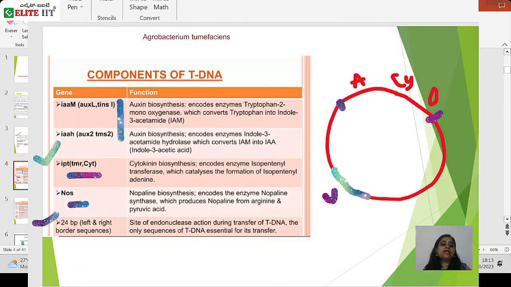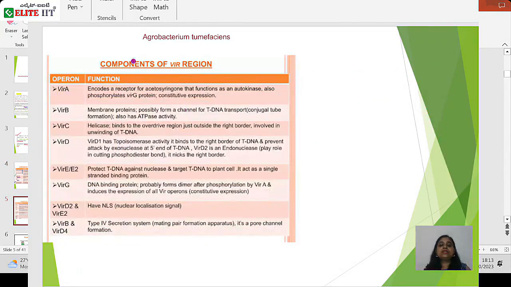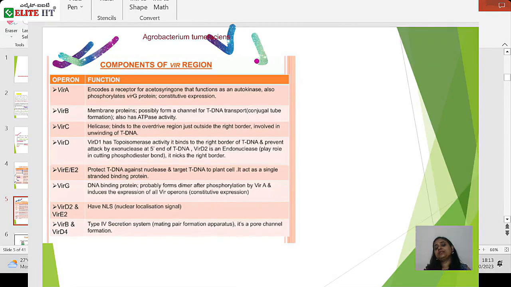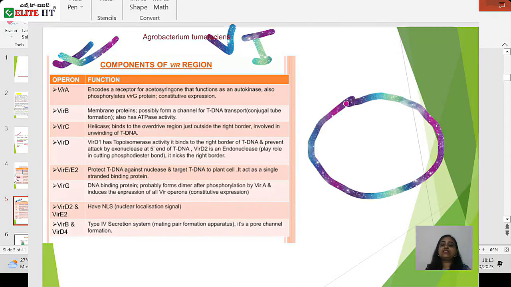Okay. Now going to other genes. This you have to remember. This is very important. I am writing VIR. This table is very important. In this Ti plasmid, one region I told you, that is the virulence region. In the virulence region, several vir genes are present.